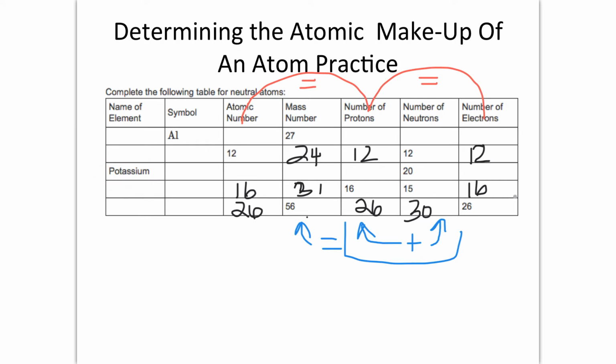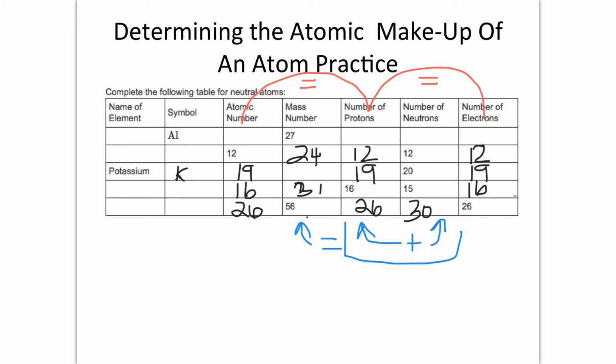And we can look that element up on our periodic table, and we find the element symbol to be K. And then we know that the atomic number of K is 19. And we know the atomic number must equal the number of protons, and it also must equal the number of electrons. So just by that piece of information right here, with our periodic table, we were able to fill in most of the row.